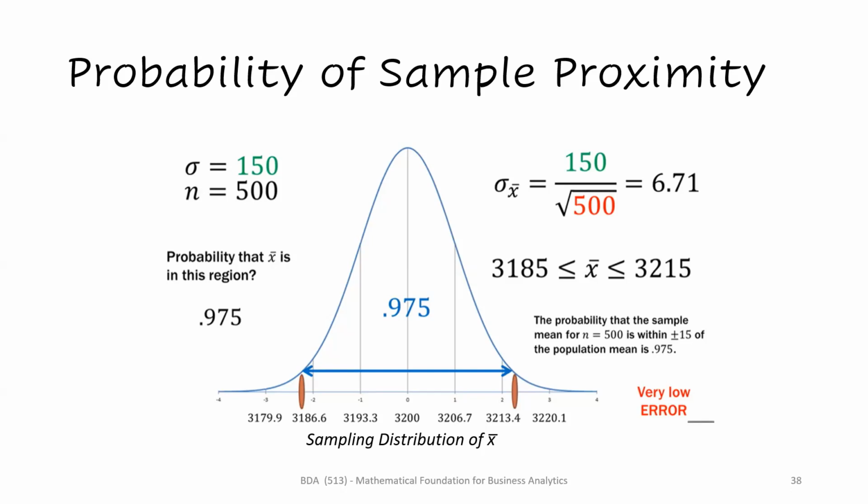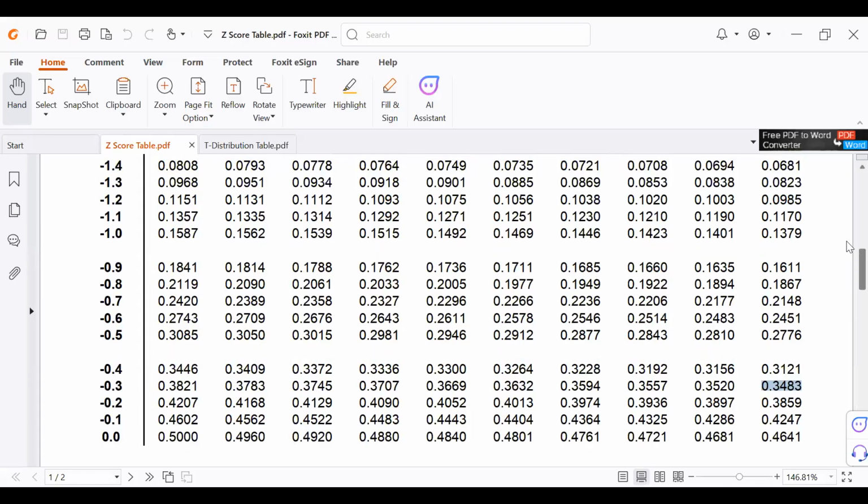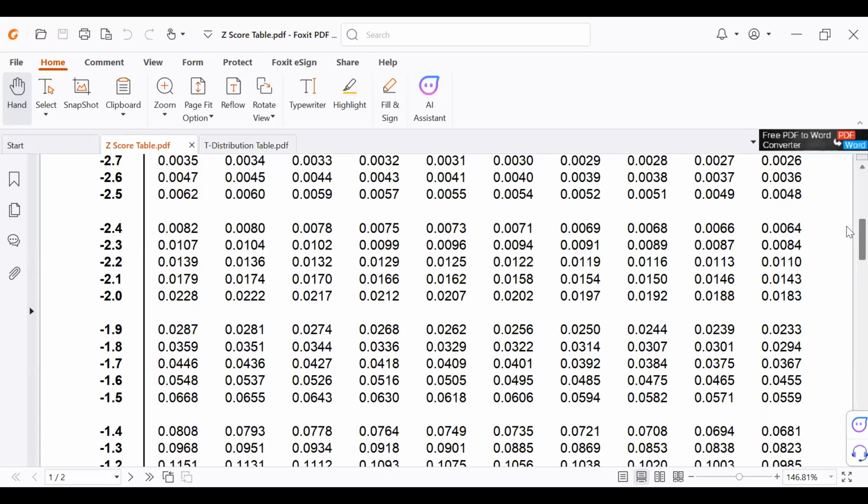If that is not going to work, you can do 2.2, and then you pick. So let's go to the z table together. Okay, so let's pick 2.23.